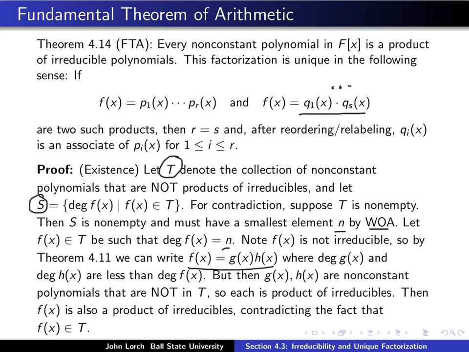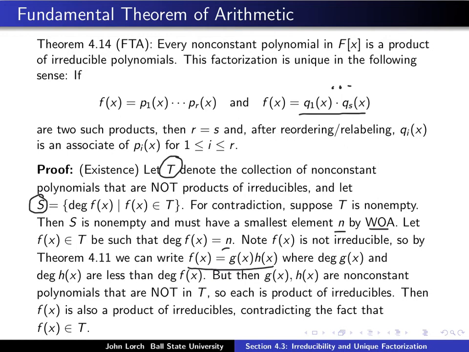But that would mean that g of x and h of x are not members of T because their degrees are both smaller than n, which is the smallest degree that's allowable for elements in capital T. So g and h are non-constant and they are not in T. So each of g and h are products of irreducibles.